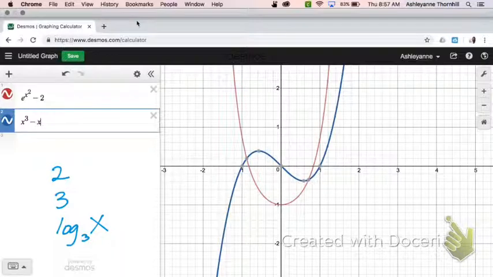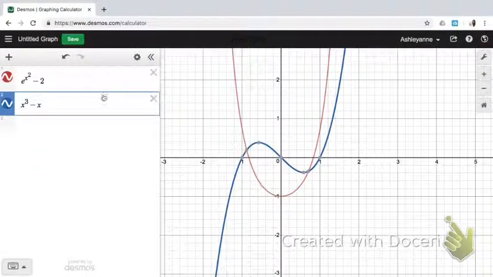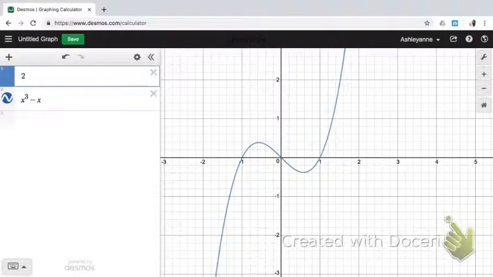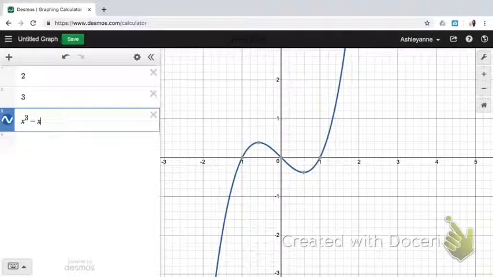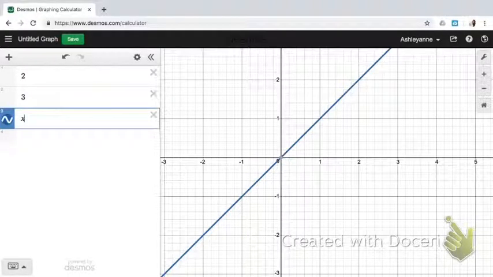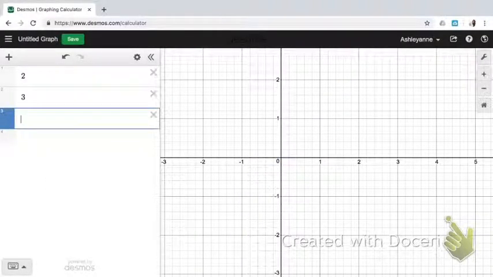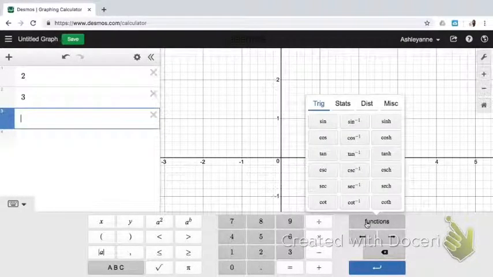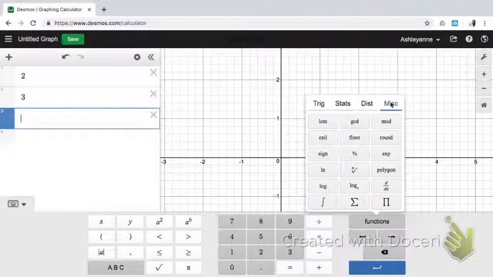So do I literally just type in a 2? Uh-huh. I feel like you could do this without it. I would like to see you try. Log base 3 of x.